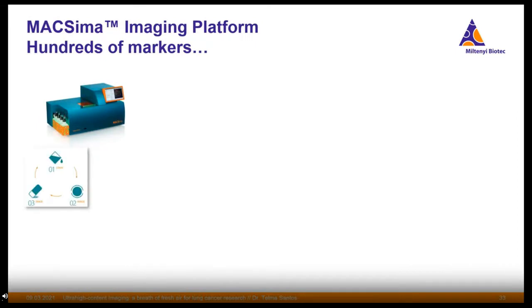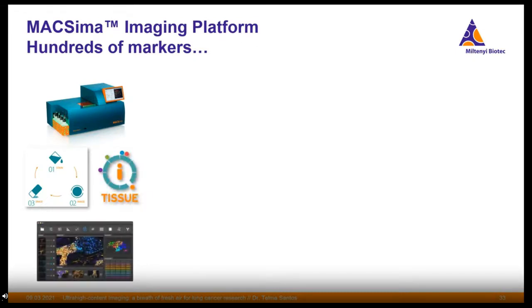I wanted to show again the potential when it comes to ultra-high content data that can only be generated with the MACSima at this level with hundreds of markers. You can make such nice presentations and content using our QI tissue software for the analysis of these data sets, which already has very many features needed for this kind of analysis.